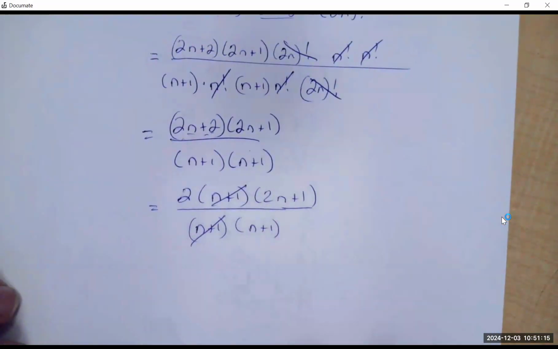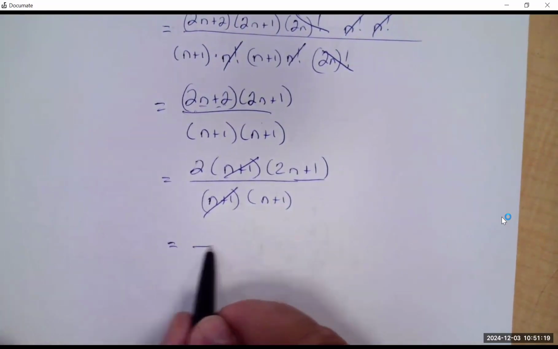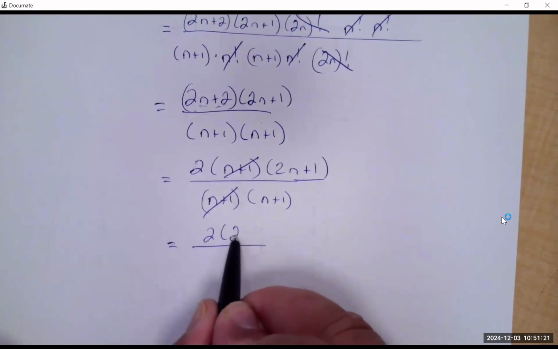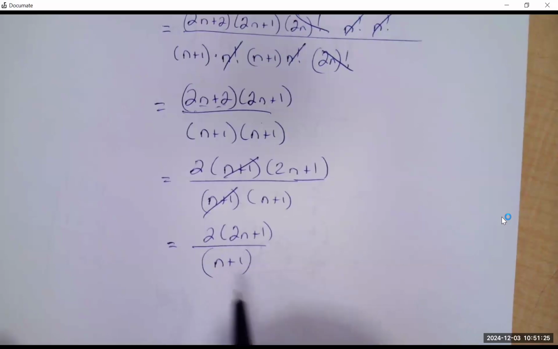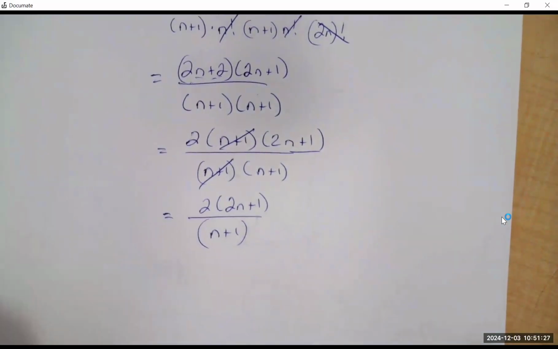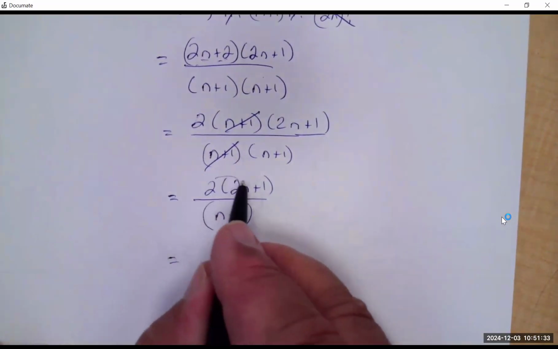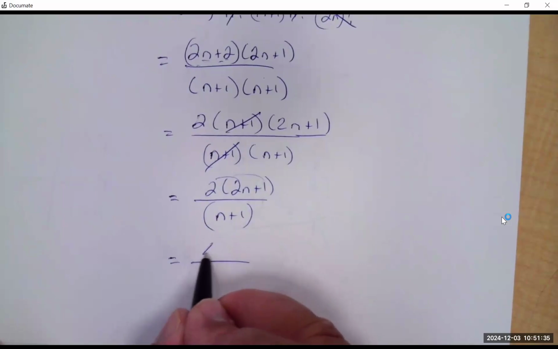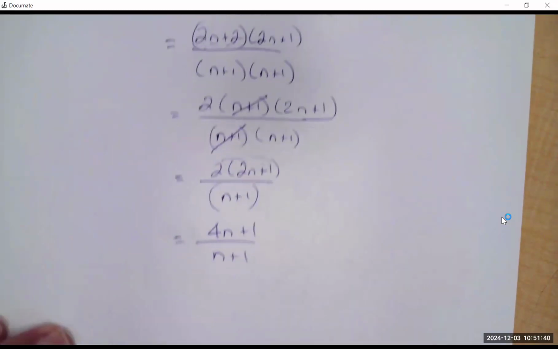So the n plus 1 can cancel. So that's 4n plus 1 over n plus 1.